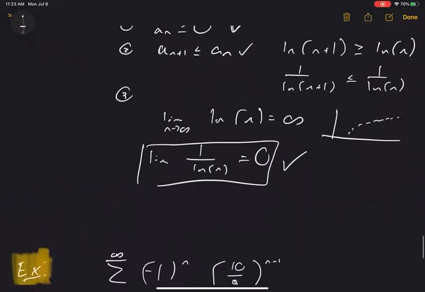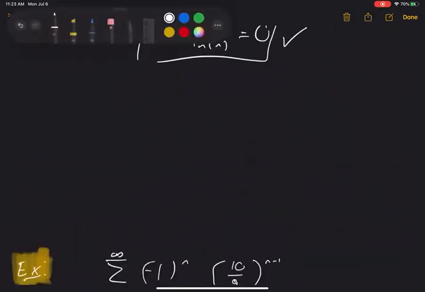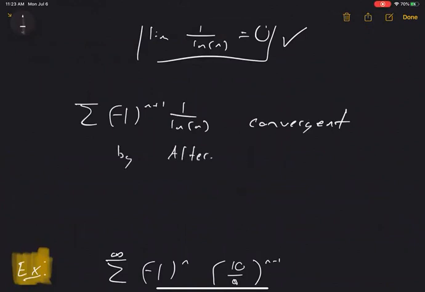So I've checked all 3 conditions for the alternating series test. So what's my conclusion? My series is convergent. So I have my wrap-up sentence: I say it's convergent by alternating series test.